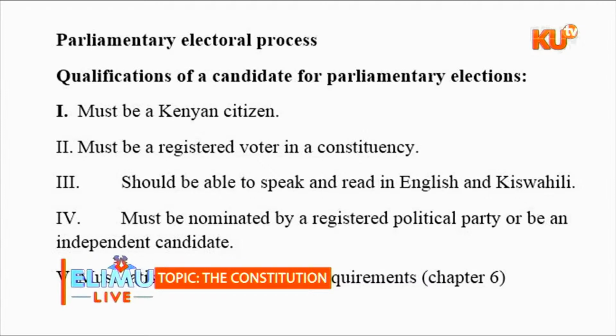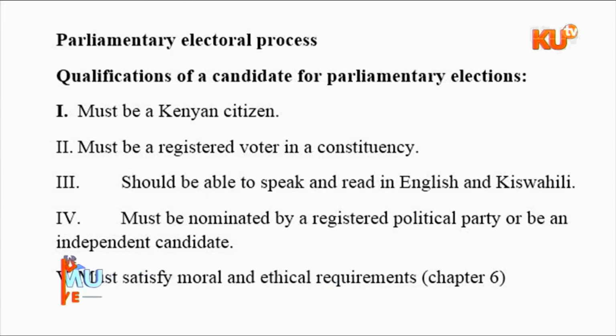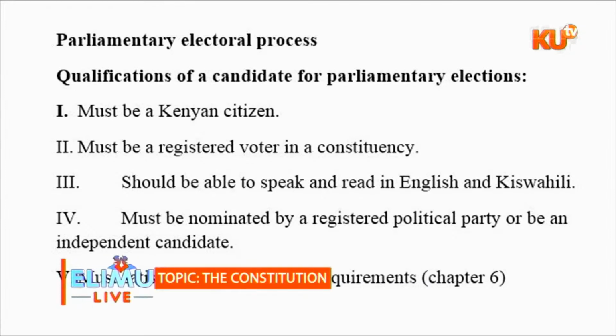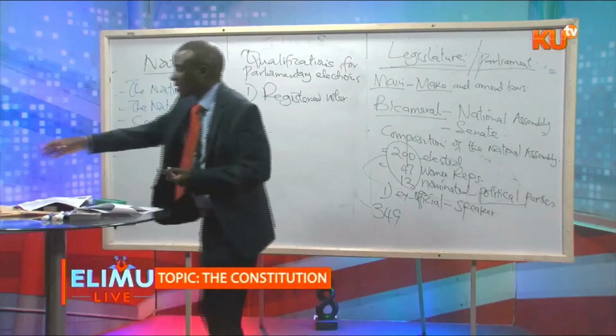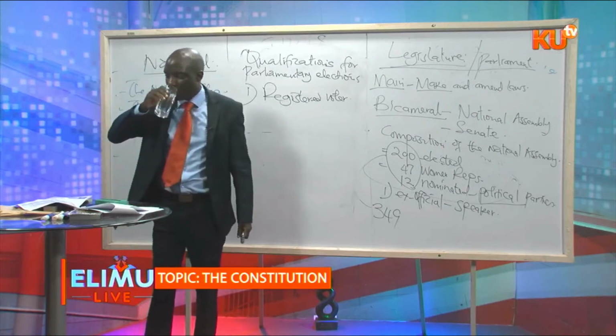For example, if I'm registered in Kasarani, where I normally vote, and I want to go and stand for elections in West Mugrango, where I also come from, as long as I'm registered, I can go to West Mugrango today and be voted because I'm registered. What happens is that I may not be in a position to vote, but I'll be voted in.